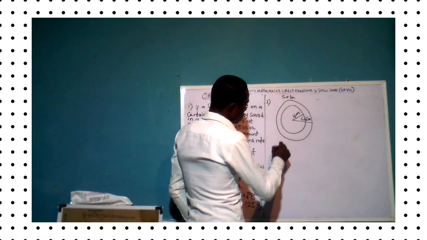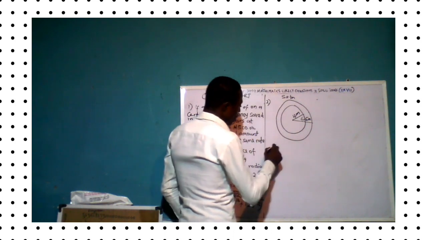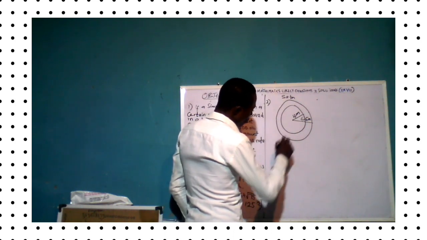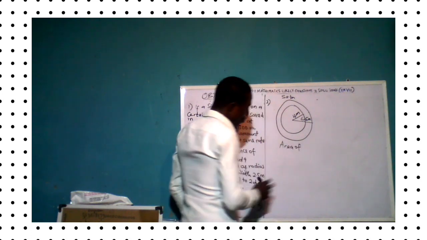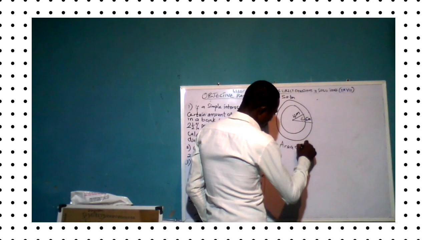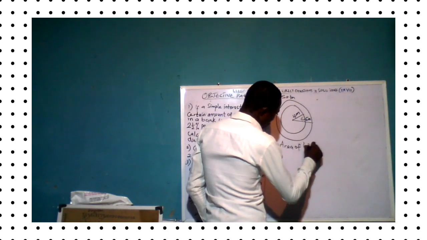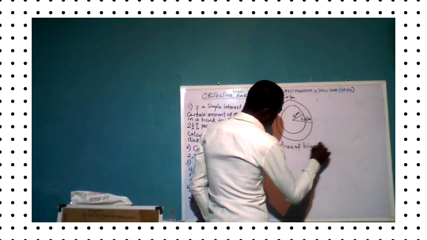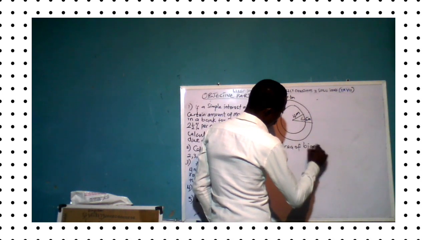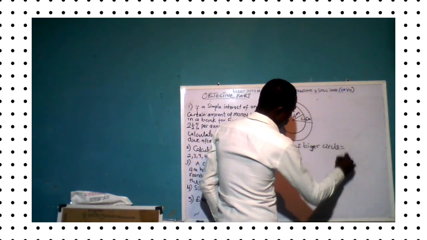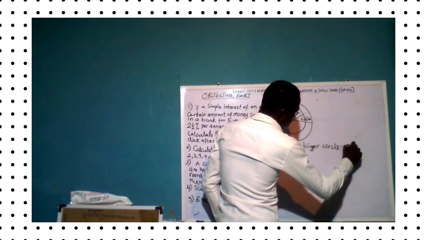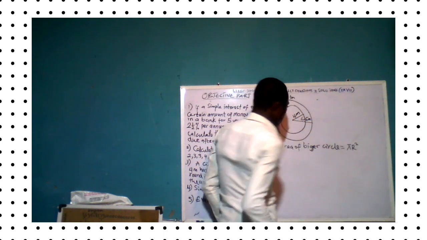Take for instance the area of the smaller circle, and the area of the bigger circle now, is equal to pi, of course, R squared.